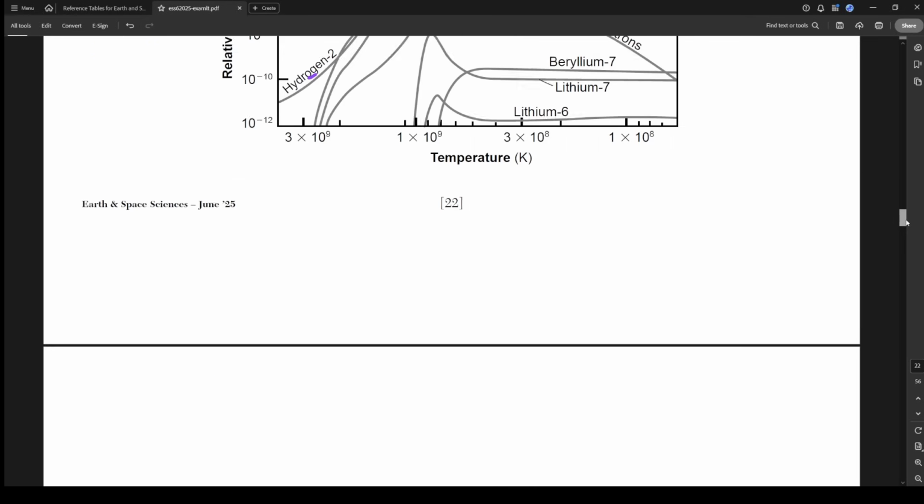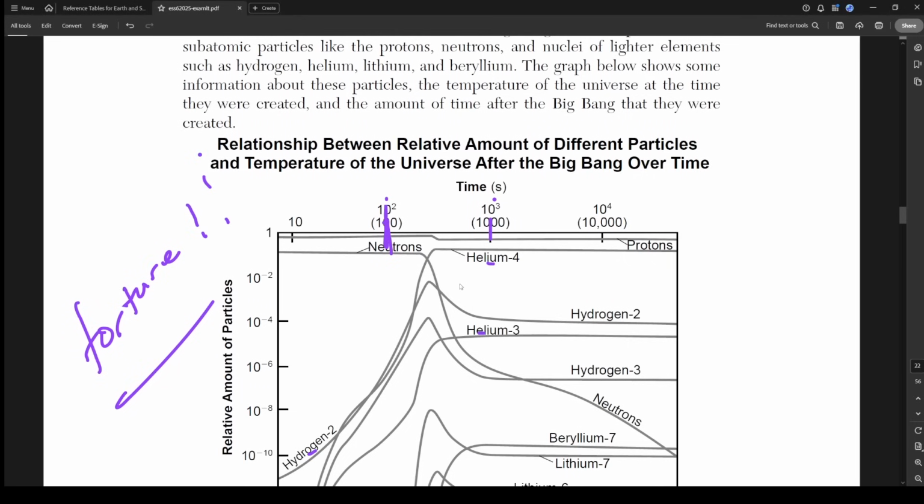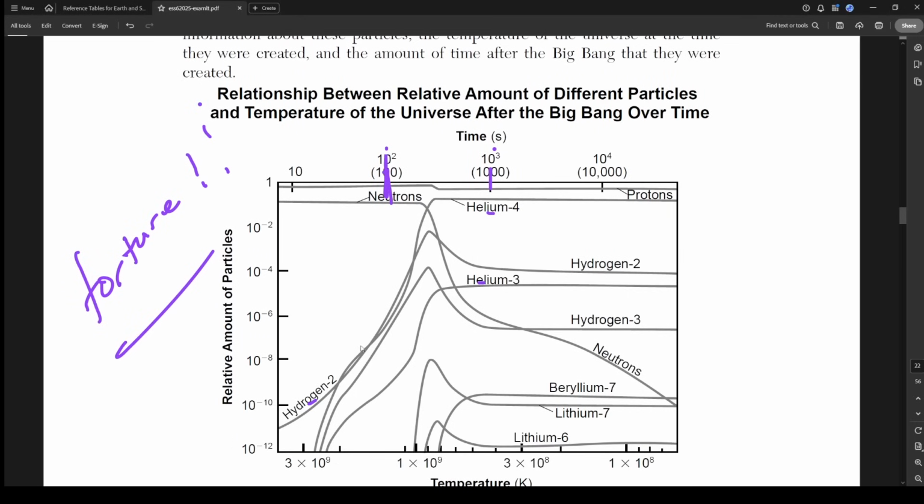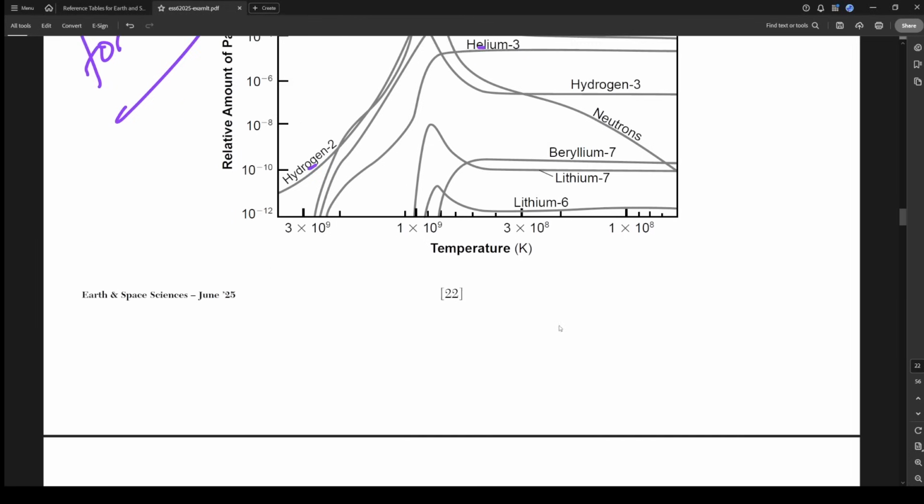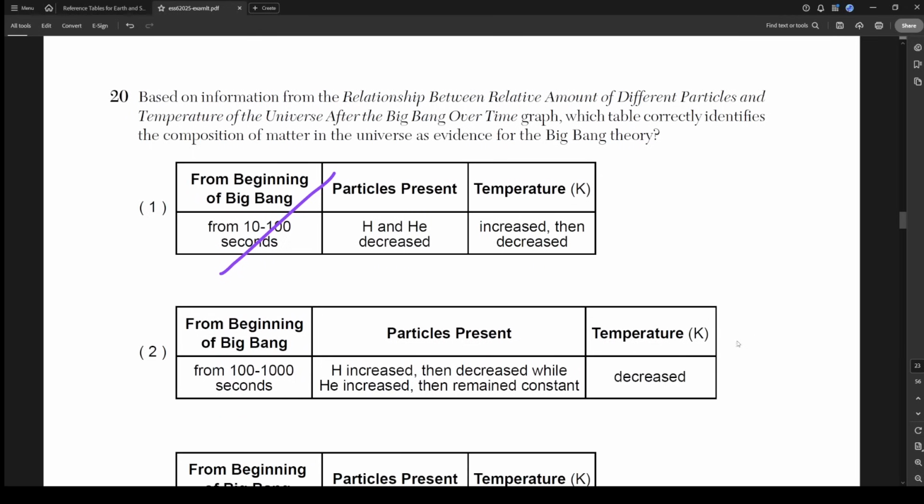Let's see if H increased then decreased first. Hydrogen increased and then decreased. That could work. And then HE increased and then remained the same. That could work. All right, so we like this one so far.